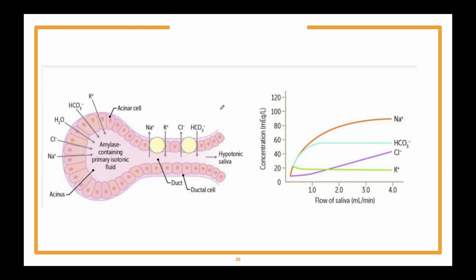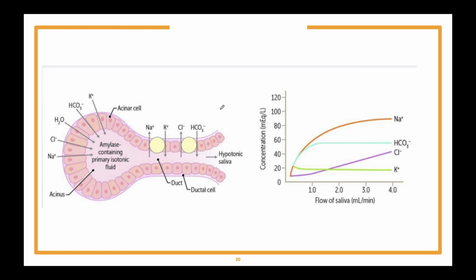In contrast, at higher rates of salivary flow, saliva has less time in contact with those cells, okay? So you have less reabsorption of sodium and chloride, and you have less secretion as a result of potassium.